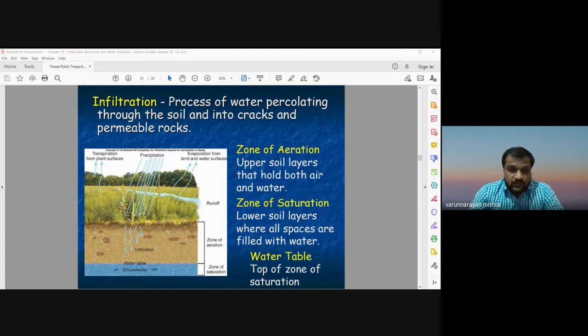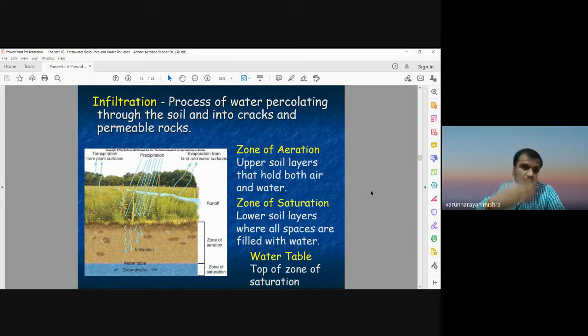Here in this figure you can see the upper layer of the soil is considered the zone of aeration, and the lower level of the soil is known as the zone of saturation. Between the zone of aeration and the zone of saturation lies the water table, an intermediate zone between aeration and saturation.